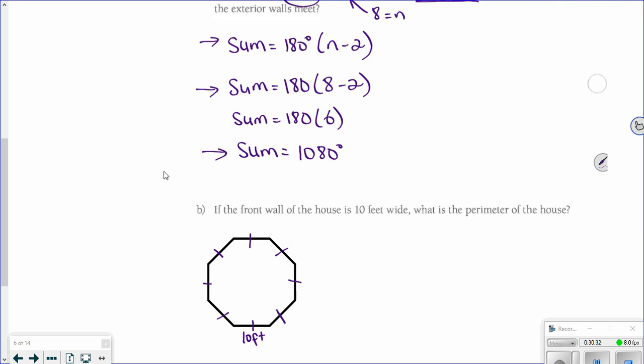Perimeter is like you're building a fence. You need the length of all the way around. So this is 10 feet, this is 10 feet, 10 feet, 10 feet, all the way around, which means to find my perimeter, I can add up all my sides.